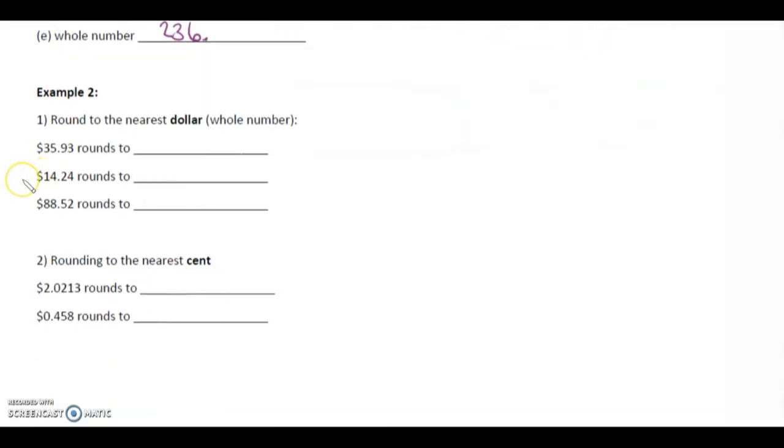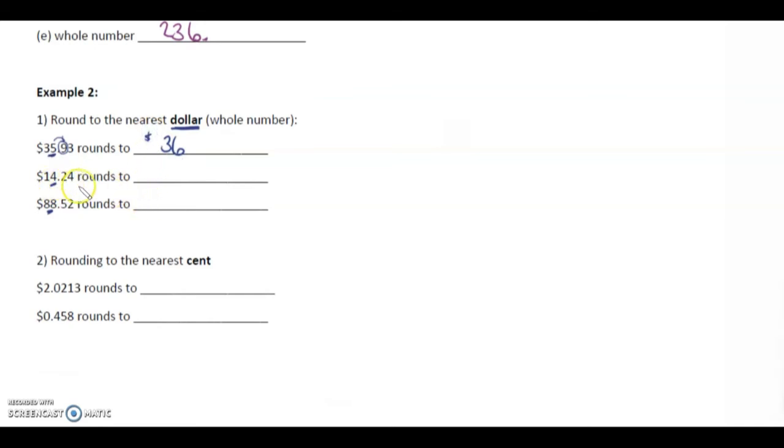All right, example 2, round to the nearest dollar. Okay, so for all of these, we're going to round to the place value on the left of the decimal. So for 35.9, we're going to take a look at the 9. The 9 is going to round the 5 up, and we're going to get 36.